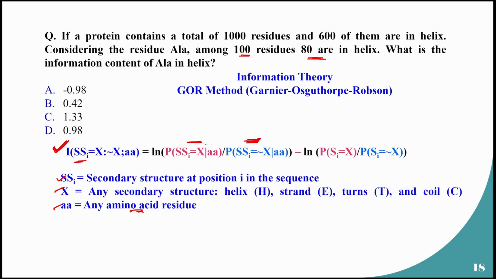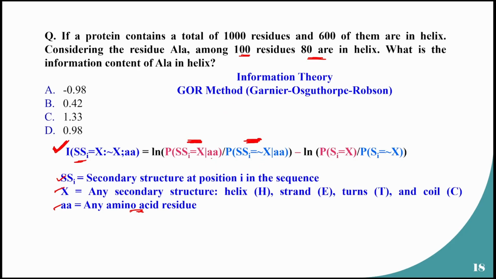So these two notations are saying this: SSI, that means secondary structure equals X, and then this pipe AA indicates the coordination of this secondary structure with this amino acid residue. And wherever you have this curly symbol, it means a not, a negative statement.